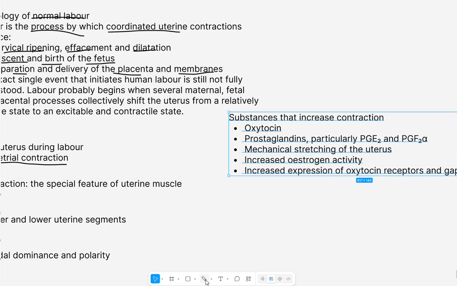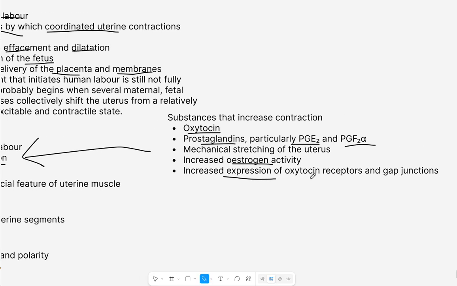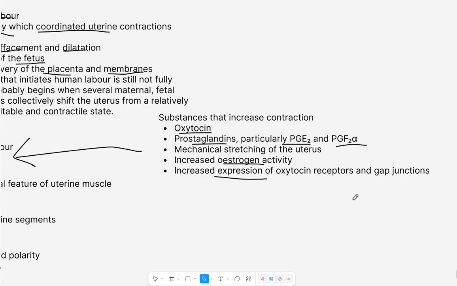So, how can we increase these myometrial contractions? We need oxytocin, we need prostaglandins, but particularly PGE2 and PGF2 alpha. We need some mechanical stretching of the uterus, we need increased estrogen activity, and we need increased expression of the oxytocin receptors and the gap junctions.